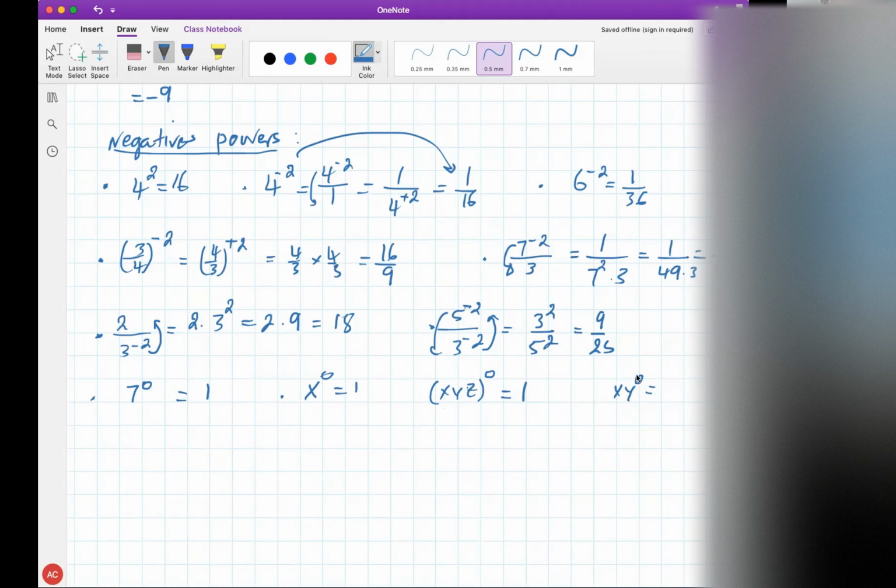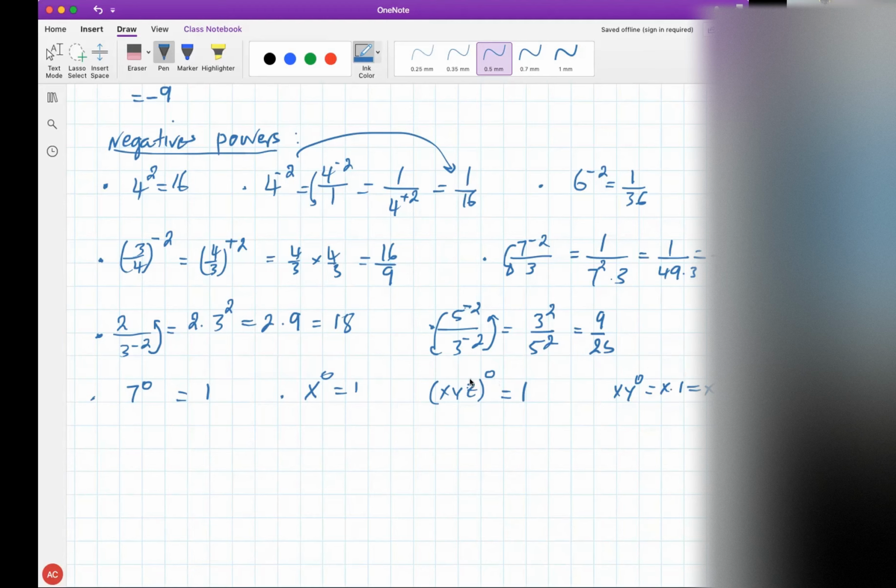The 0 is for the y only, not for the x, as we saw earlier. We don't have parentheses, so that's the power, this is the base. So what is this one equal to? Just x. So it's going to be x times y to the power 0, that's right. Y to the power 0 is 1. So that's x. So again, be careful if you have parentheses or not.